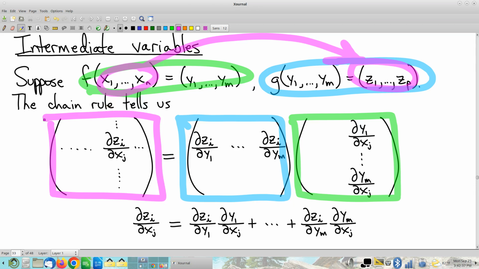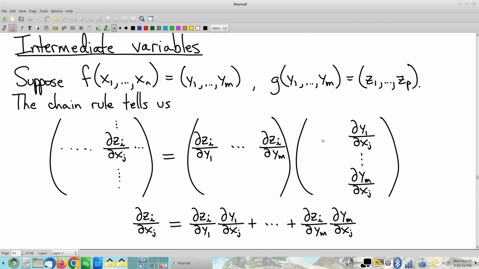And again, in matrix form, the chain rule is going to be the product of these two original matrices. And again, note the green-blue switch. So heads up, be careful. It's important to always keep that straight. Okay. All right. Now, having noticed that, let's suppose that you don't actually need the whole matrix.